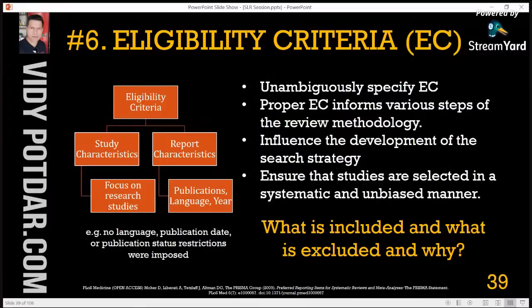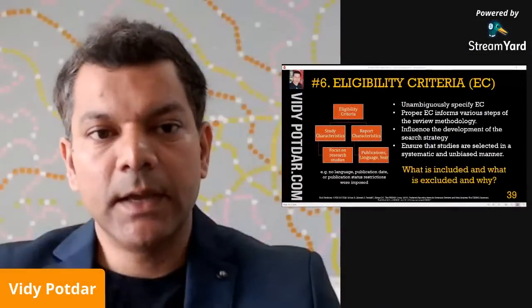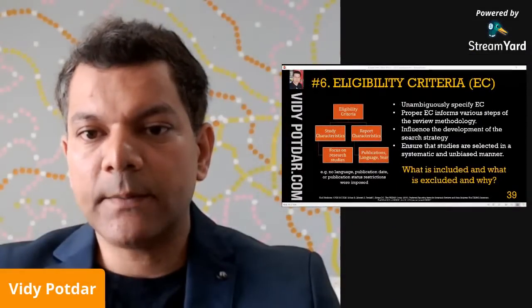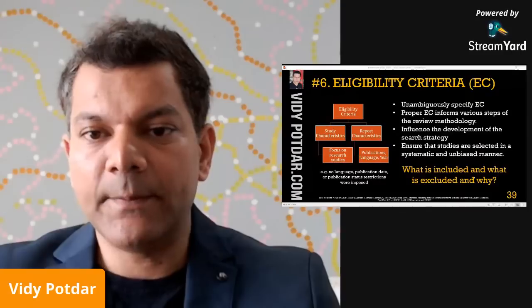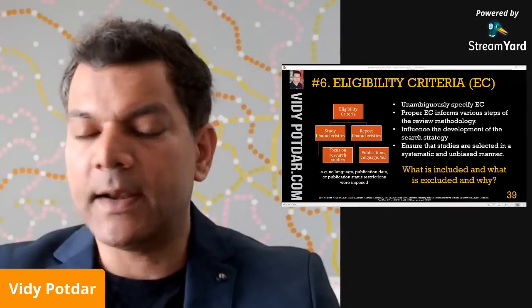The next thing in a systematic literature review is to look at the eligibility criteria. So what do we mean by eligibility criteria? In simple words, it means what is included and what is excluded in our research.